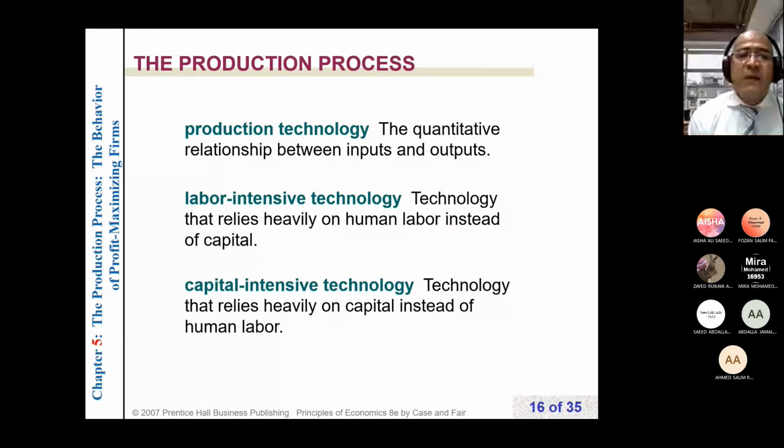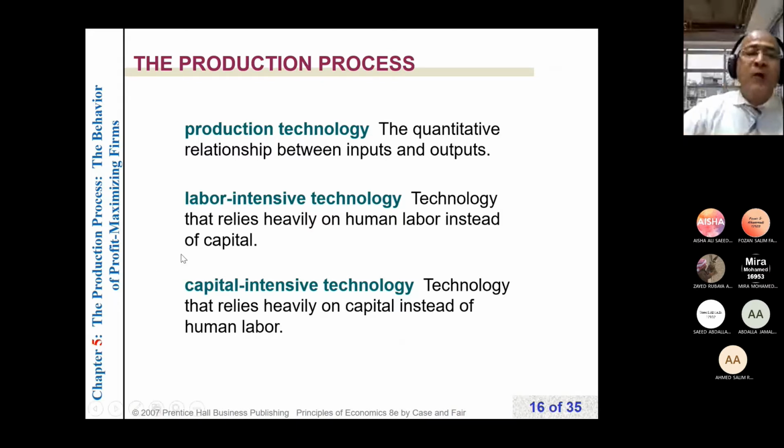For example, in Egypt, labor is more available. Labor is cheaper than capital. So capital is scarce in Egypt. While in Germany, capital is more available and cheaper than labor.